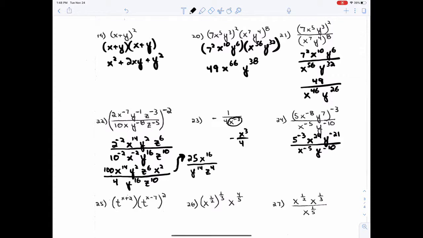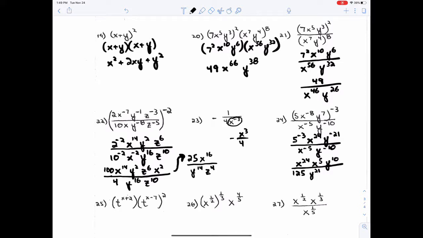Now, anything that's a negative exponent, I'm going to move. So the 5 to the third goes to the bottom. That's 125. And yes, I expect you to call it 125. The x to the 24th stays on top. The y to the 21st goes to the bottom. Now on the bottom, the x to the negative 5th goes to the top, and the y to the 10th goes to the top.